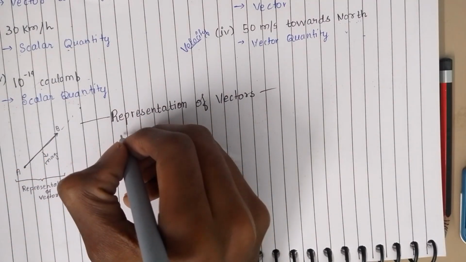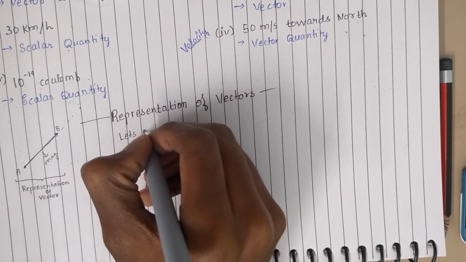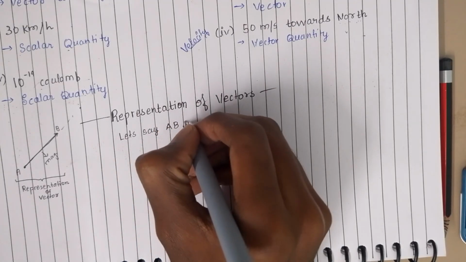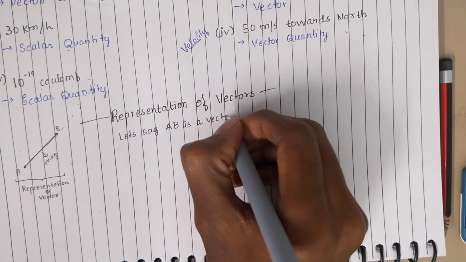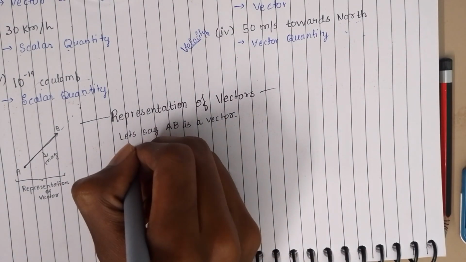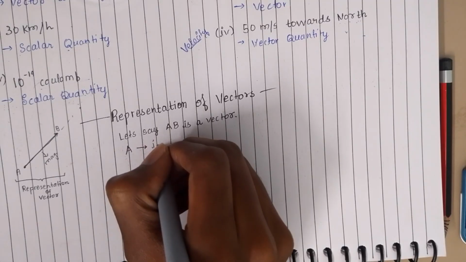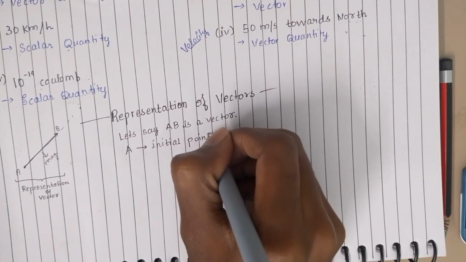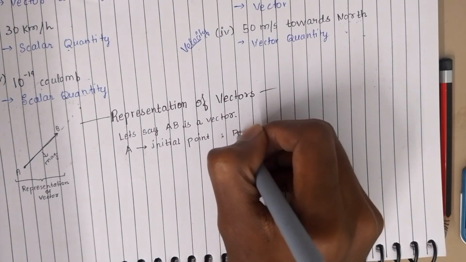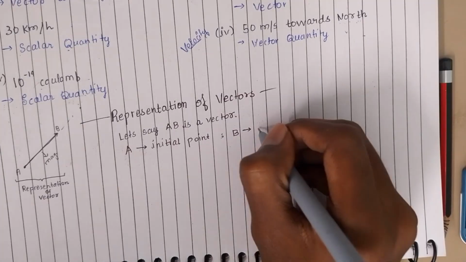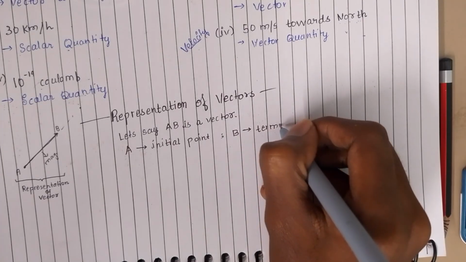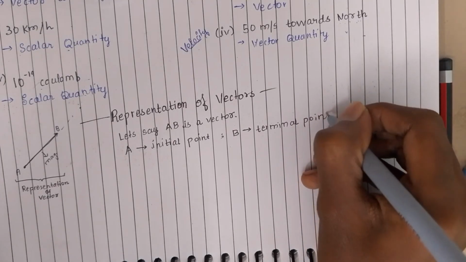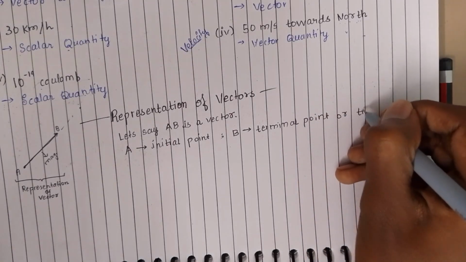For instance, let's say AB is a vector. A is the initial point. And what will we say about B? It is called the terminal point, or you can also say tip or peak.